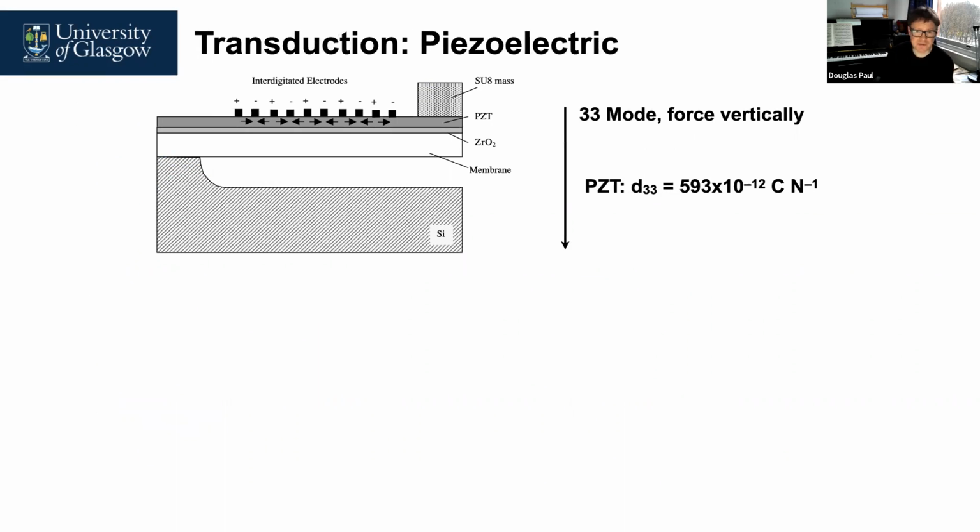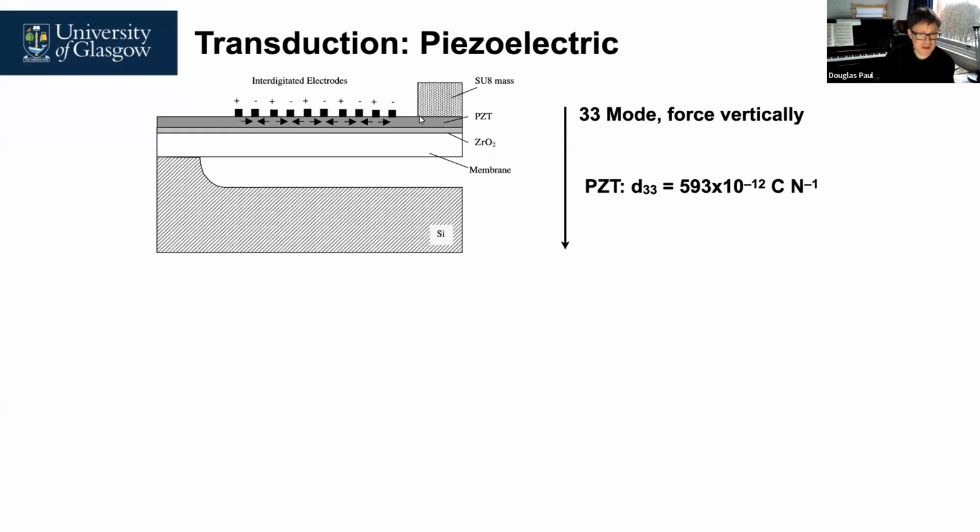So to show how this might work, this is a real example out of a publication in the literature. Lead zirconate titanate, PZT, has one of the highest piezoelectric coefficients. Here they're applying a force vertically to a silicon membrane on top of a silicon wafer.